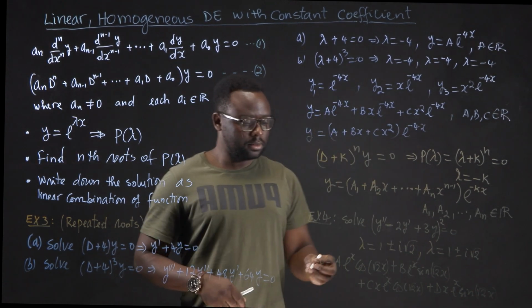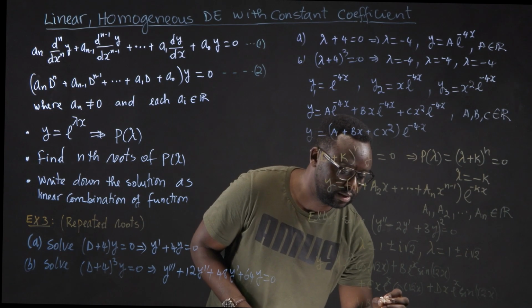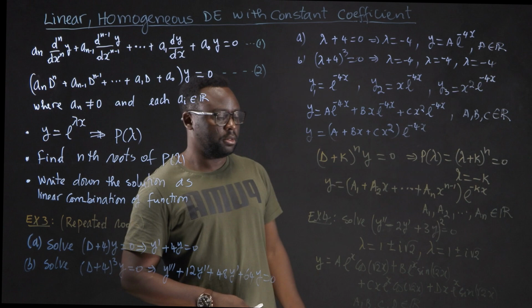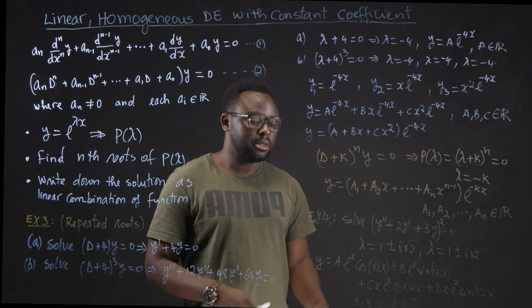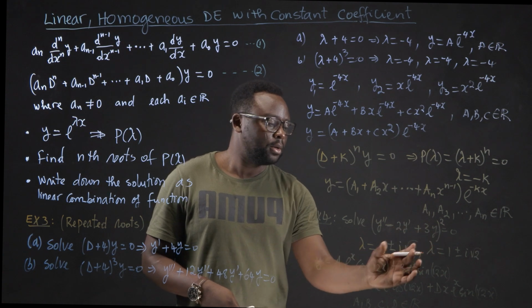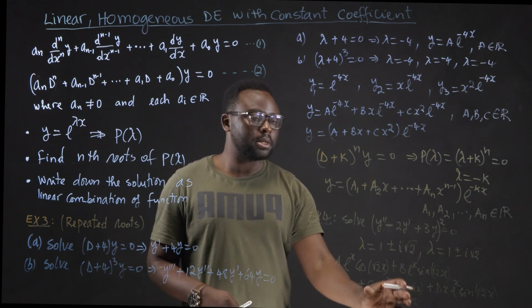So in this case, we know also that a, b, c, and d are all elements of R, okay? So this is the general solution. So don't be afraid if you come across such example where you have repeated complex root. So you just have to follow the same pattern.